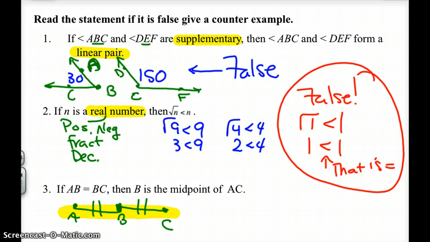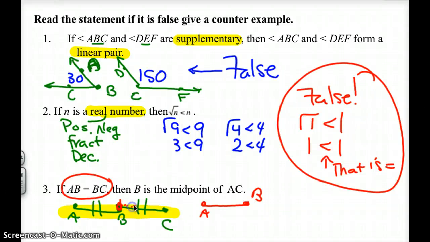It says that you have to have AB and you need BC. So I need these two pieces equal. When that happens, B is going to be in the middle. Yes, that's true in this situation, but every single picture that I draw when AB and BC are equal, is B going to be in the middle?